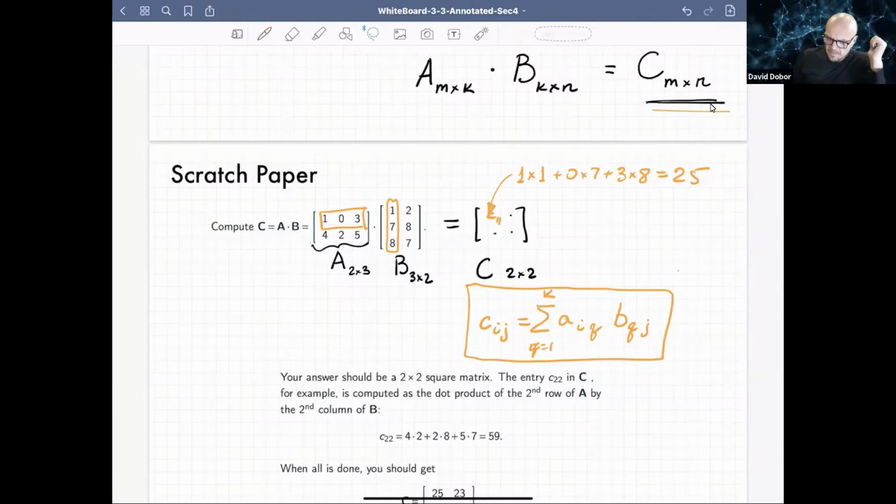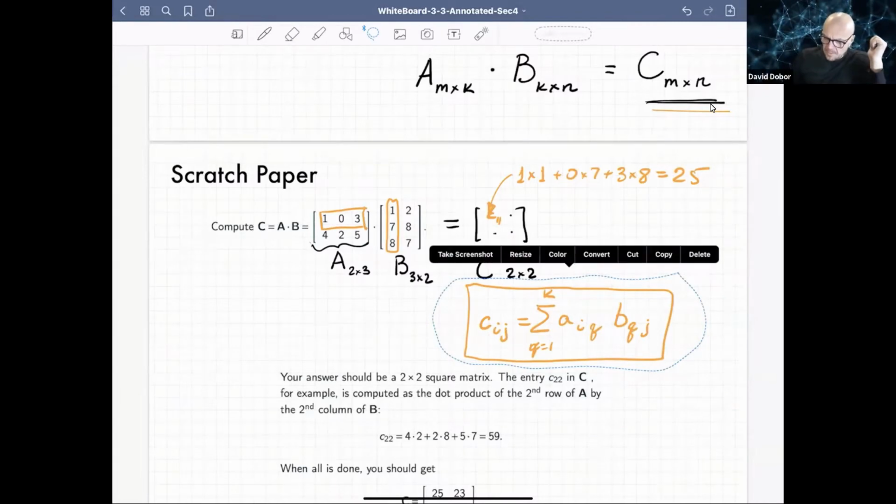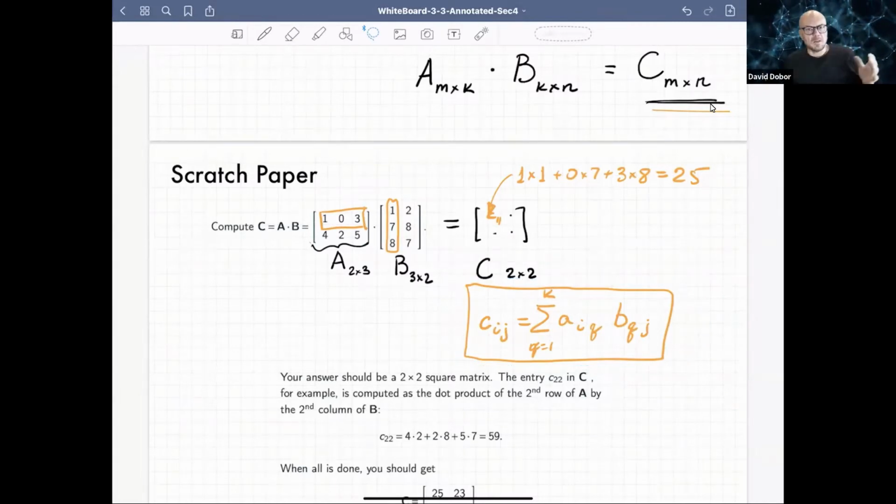This formula, or expression, is clear, right? So we all can multiply matrices.